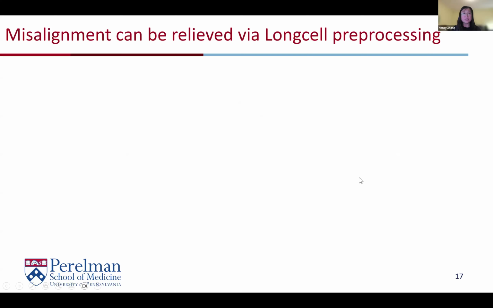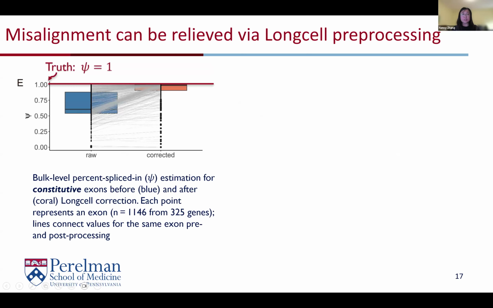Okay, so how much does this really help? How often is there a misalignment error that can skew your estimates? To answer this question, we looked at the bulk level percent splice in that is estimated for constitutive exons.